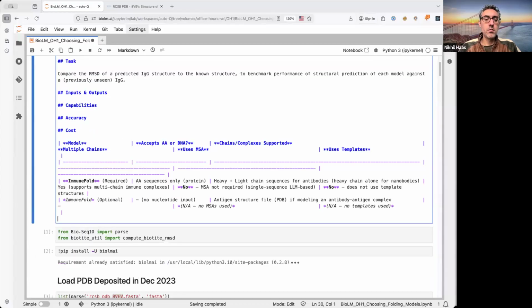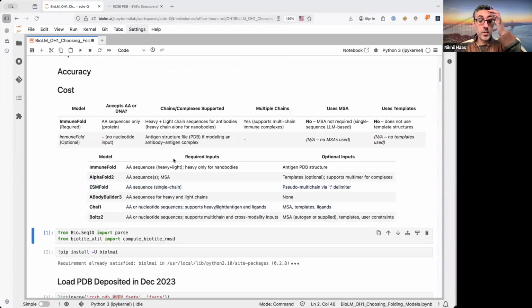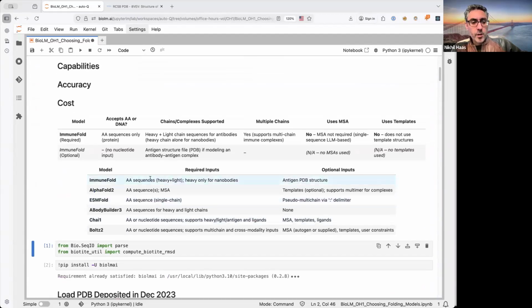Cool. This one works. Let's see. Okay, so let's try to put this together beforehand. Does this look about right?